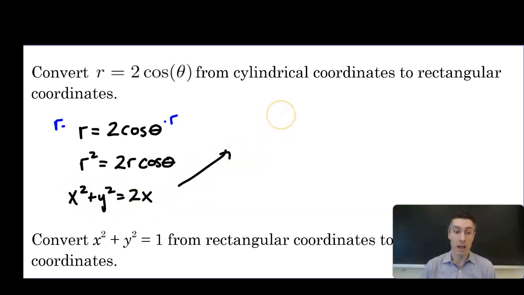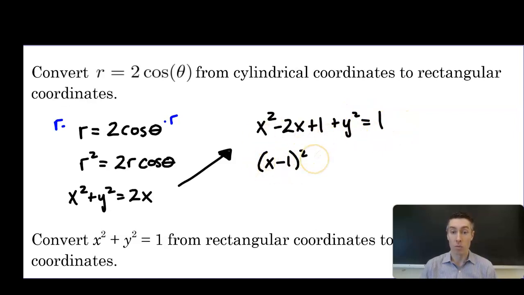And then we can keep going a little bit here. So we can say that x squared minus 2x plus 1 plus y squared equals 1. A little completing the square. And then x minus 1 squared plus y squared equals 1. So this is a cylinder.